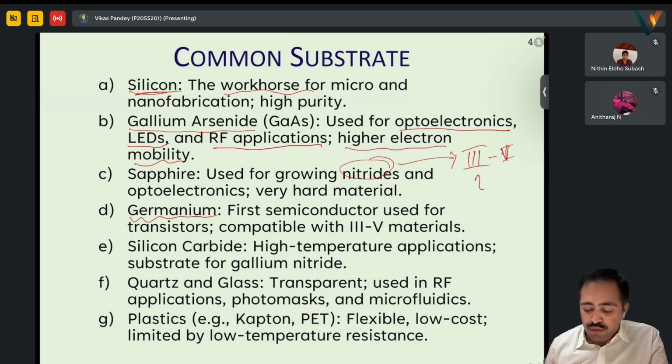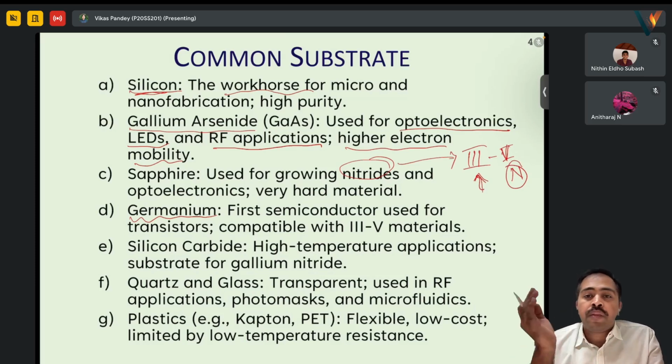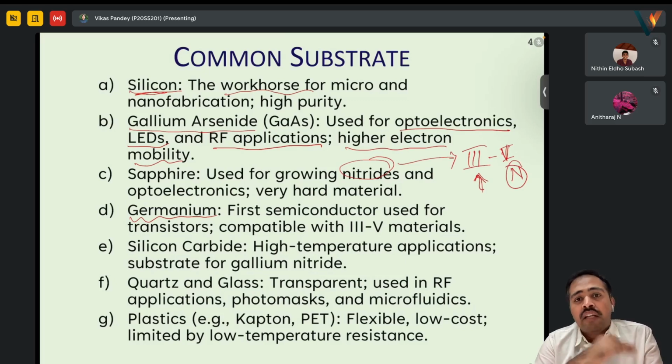So when we are talking about nitrides, the 3,5 compounds, nitrogen falls in group 5 of the periodic table, and gallium nitride, indium nitride, aluminum nitride are compound semiconductors, and they are grown over sapphire.